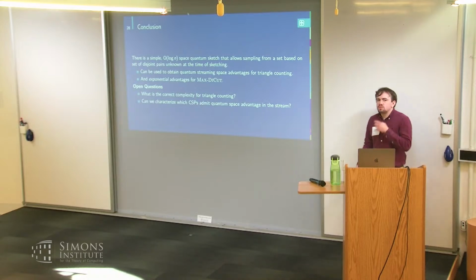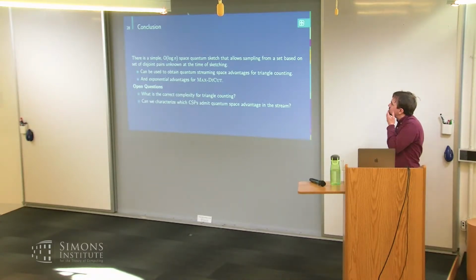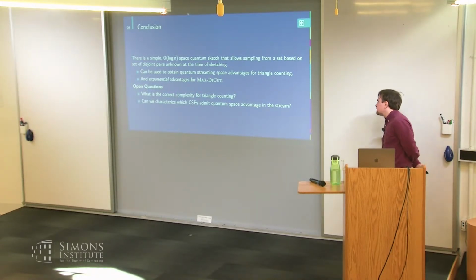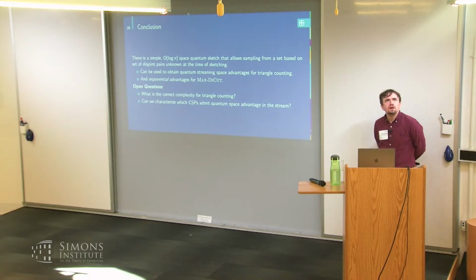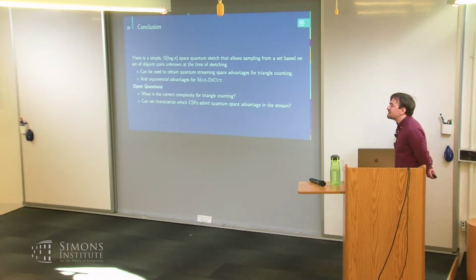Is that something we even care about? In terms of the dependence on epsilon, I don't know of any lower bounds that would rule that out. If you have omega of n space, classically I think n over epsilon squared is enough to get you there just by uniformly subsampling the edges. I would guess that that's probably optimal for the classical setting, but for the quantum setting as well. But I haven't thought about it in detail.